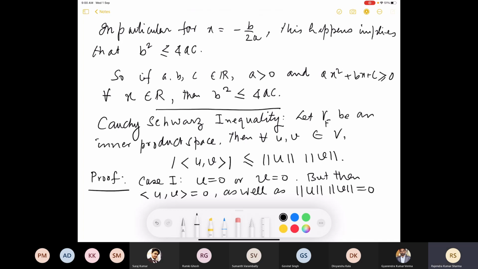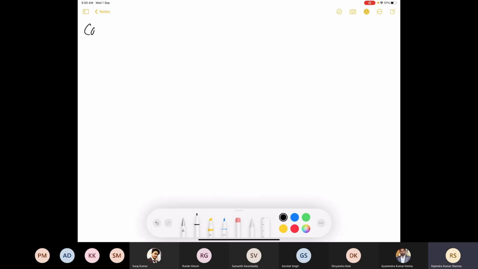Now case 2 we can take here, that u is not 0. But what about the inner product? So we take that the inner product is real and u is not 0.